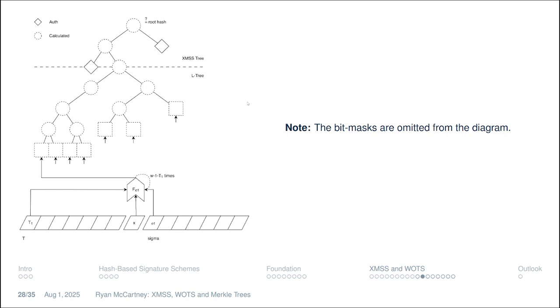And in order to make this not require a collision resistant hash function, what XMSS does is require bit masks for every hash combination to the next higher node. We have these node values at this level maybe, and then we apply a bit mask on each of these values, concatenate them together, and then we have a hash function applied to them.